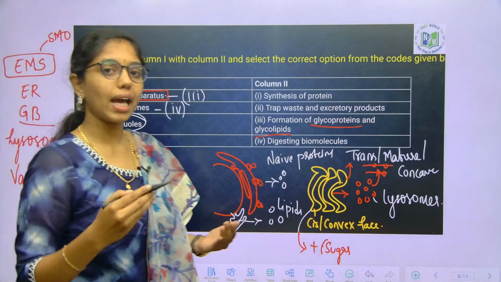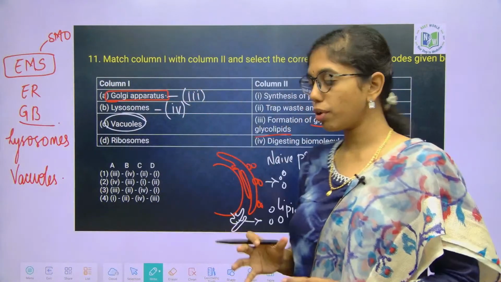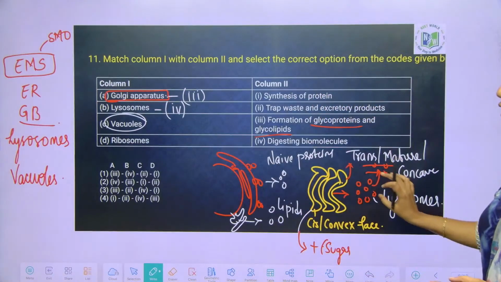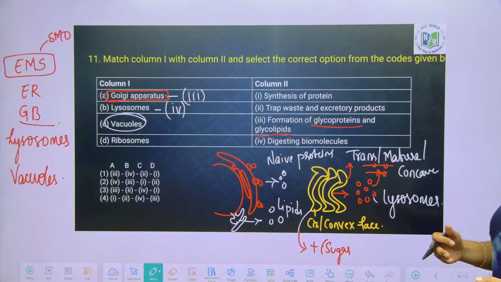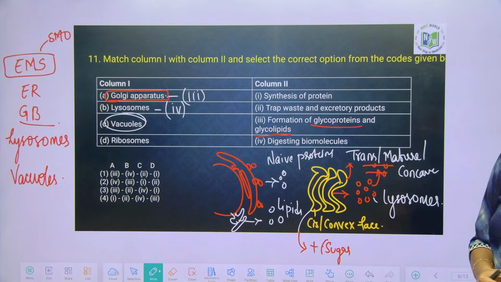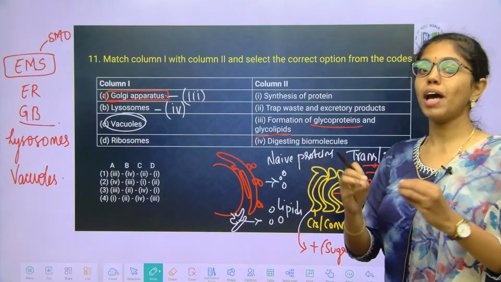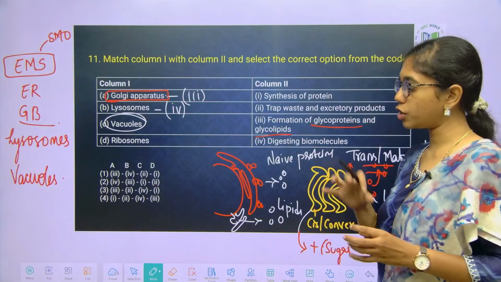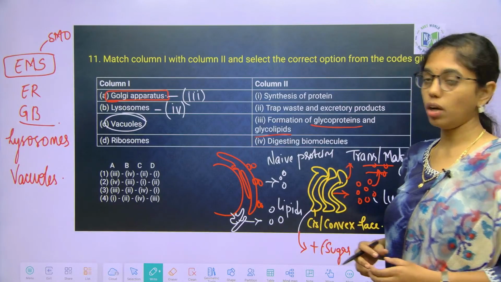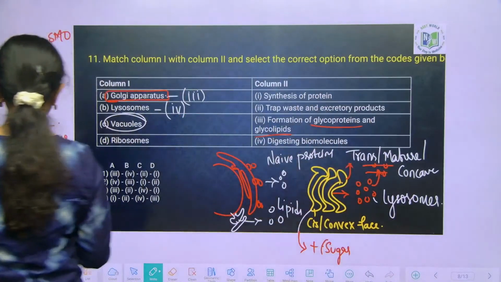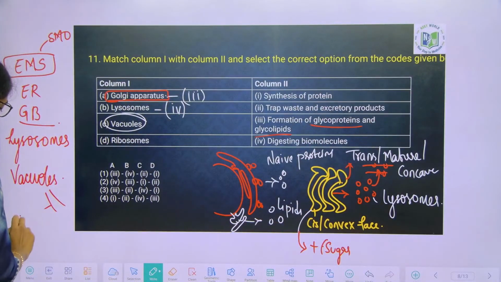Lysosomes, we have different types of lysosomes, but as of now you remember that lysosomes are rich in hydrolytic enzymes and they help in digestion of biomolecules. After digestion, all the cytoplasmic waste, excretory waste is deposited or trapped into the vacuoles. How are they sent to the vacuoles from the cytoplasm?